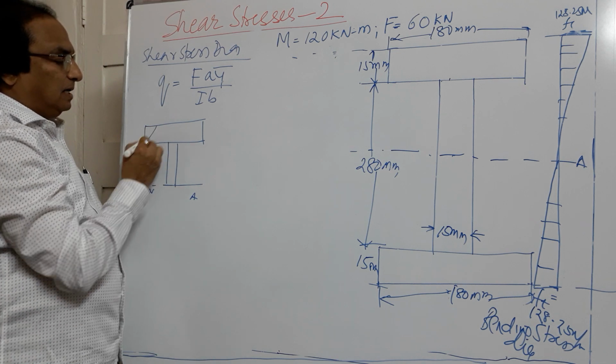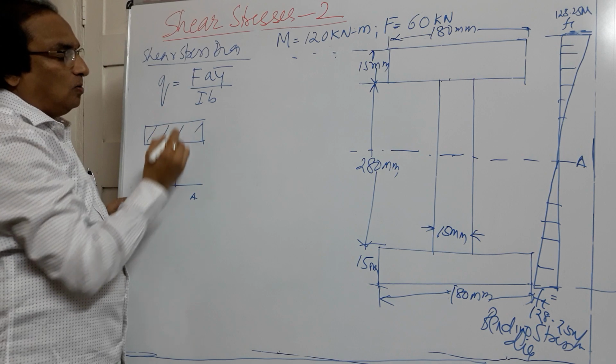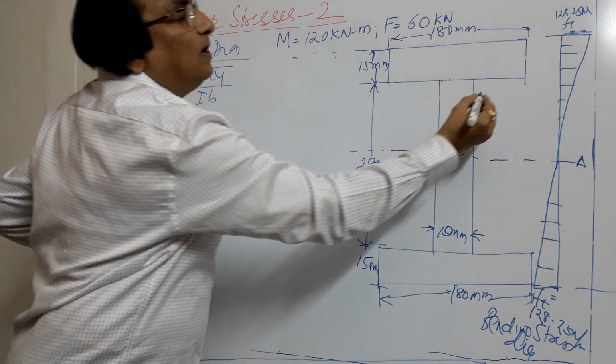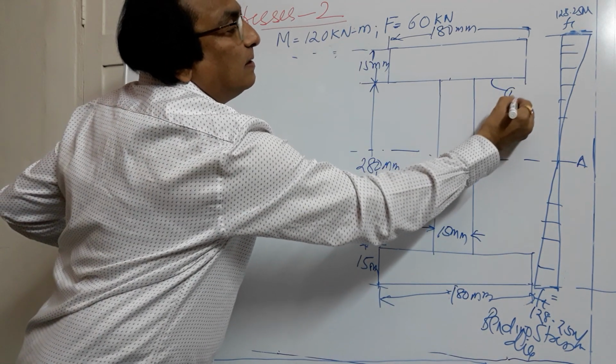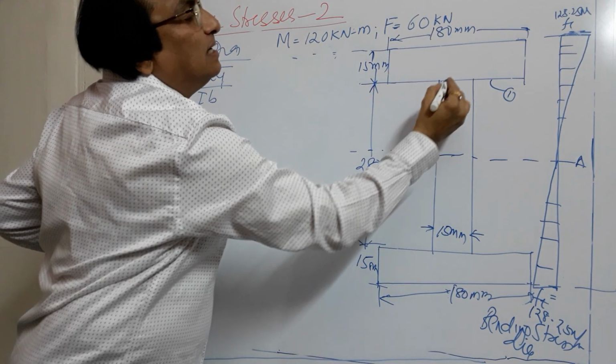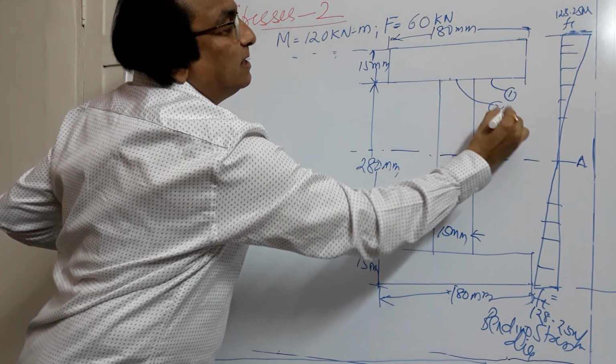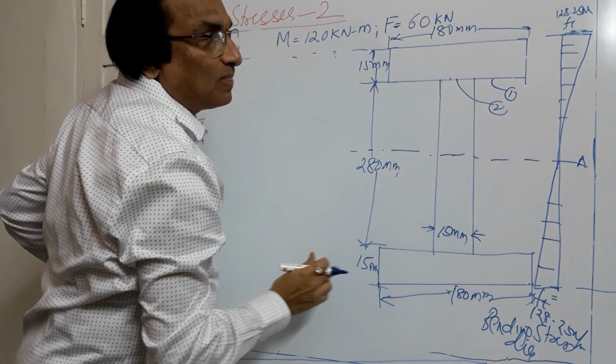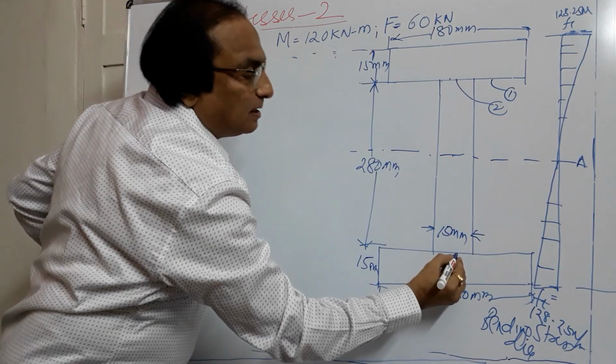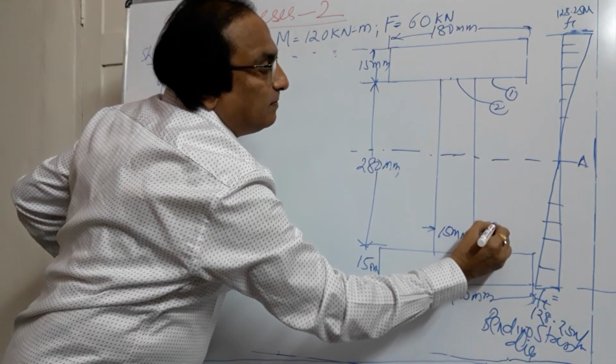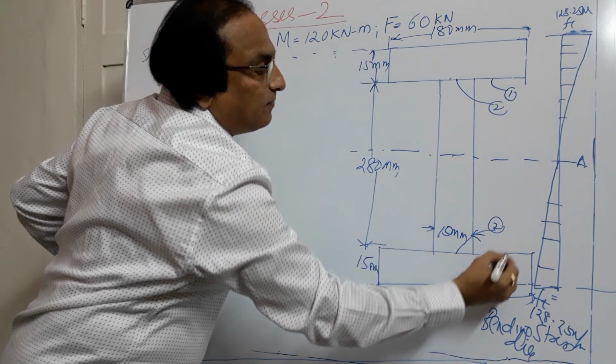So here if I want to know the area above, we have one level where the width is 180, and at the second level the width is just 15 mm. Since it is symmetrical, this also will be the same as level 2 and this will be level 1.